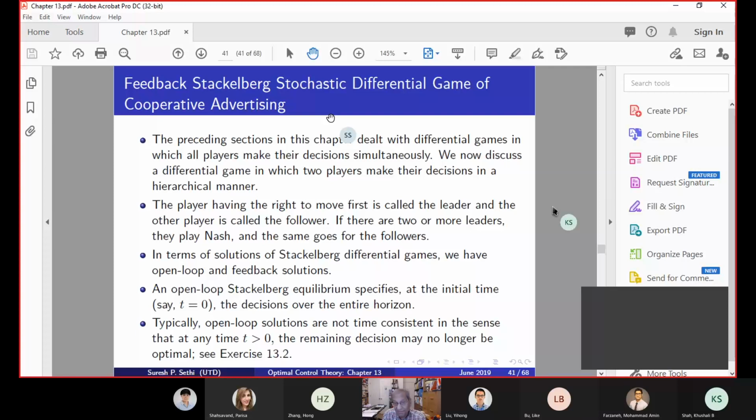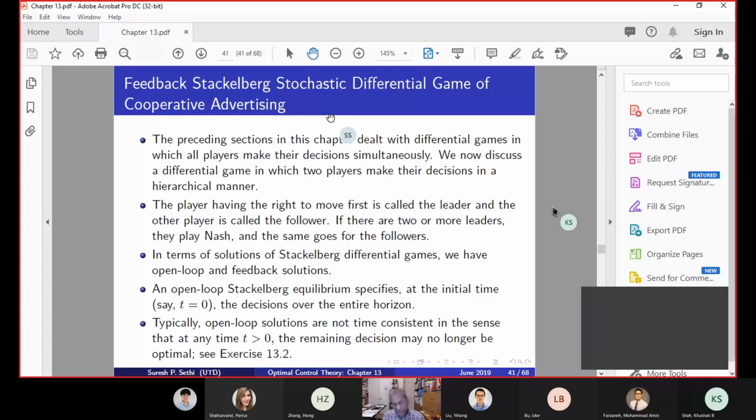They're actually happening simultaneously in terms of temporal setting, but the reason we are saying not simultaneous is because there's a hierarchy. That means there is a dependence of the decision of the one person on another decision. So in that sense, there's a hierarchy.